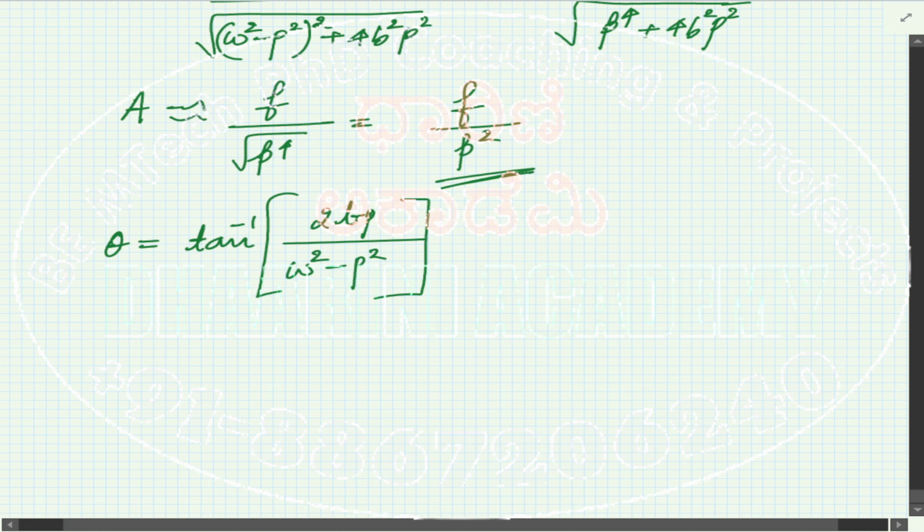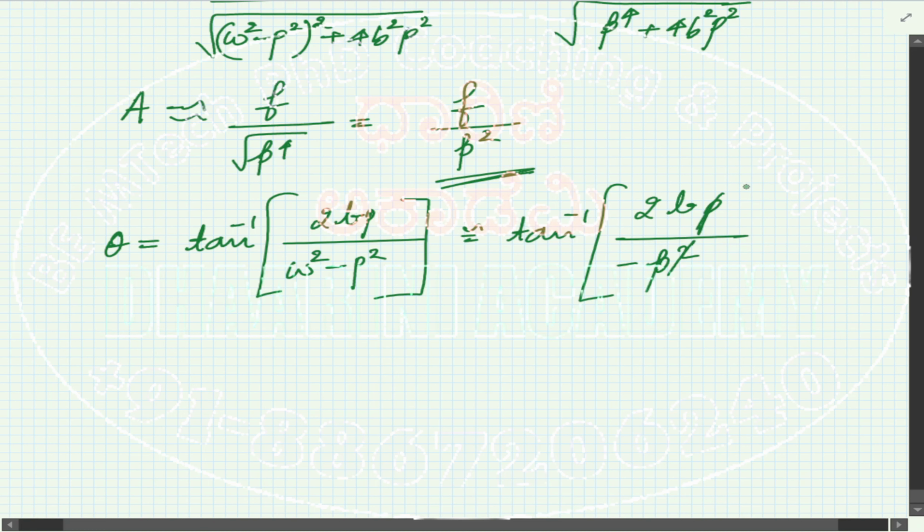So the denominator is closer to p square, right? So I can write this is approximately equal to tan inverse of 2bp divided by minus of p square, as omega is closer to 0.